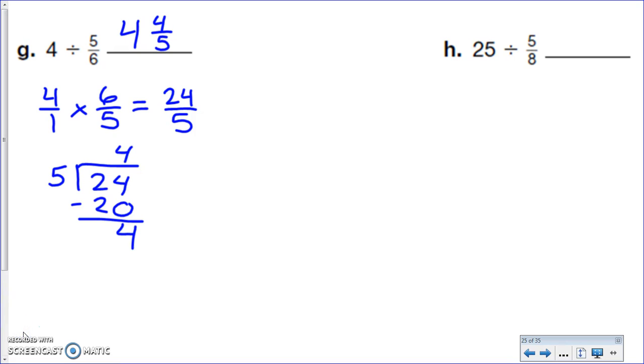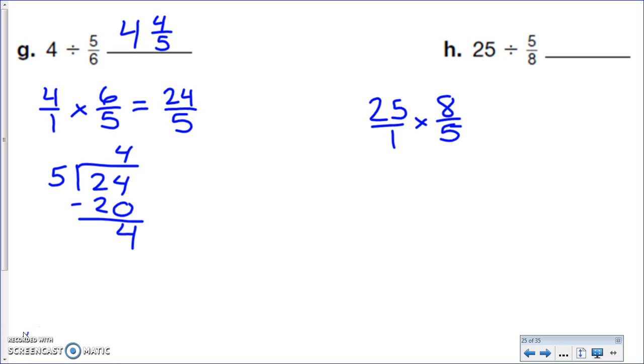For H, we have 25 divided by 5/8, so the first thing we're going to do is make 25 an improper fraction. Then we're going to write the reciprocal of 5/8, which becomes 8/5. Now we can do the cross simplifying because 5 will divide into 25 and 5 evenly.